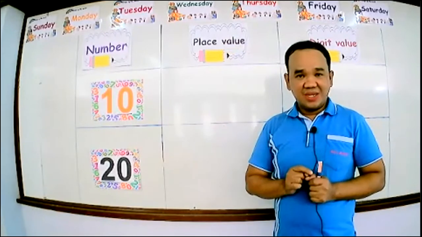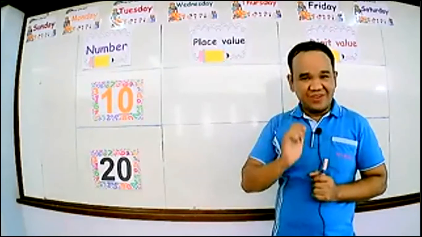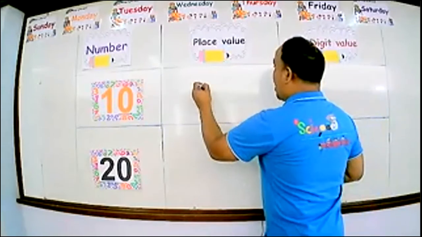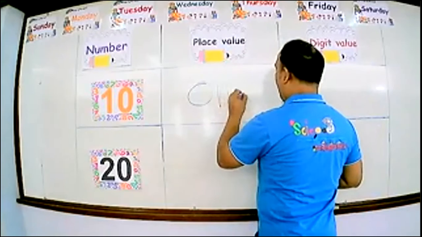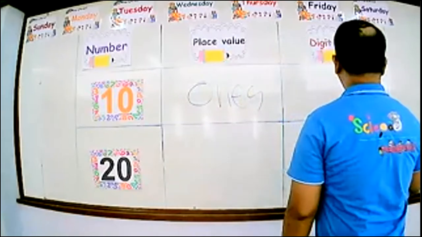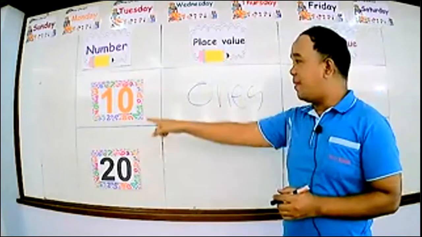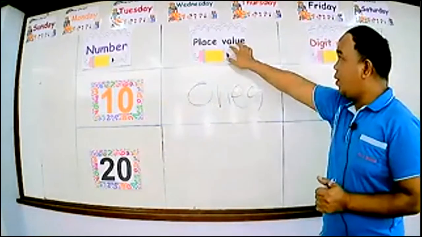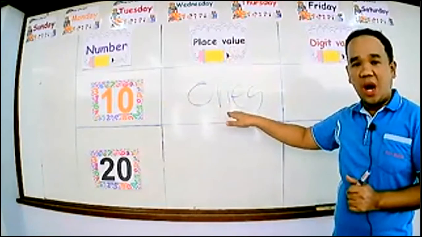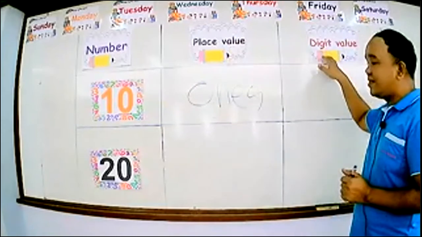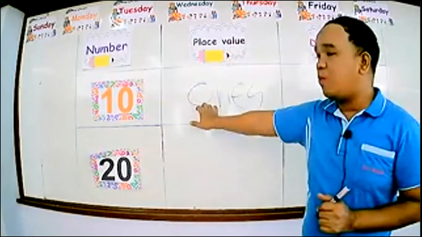That is, very good. It's ones. And how about the digit value of number 10? If our place value is ones, then what is the digit value of ones?